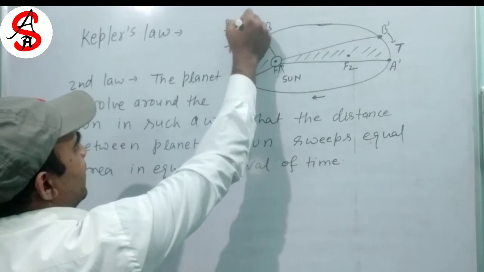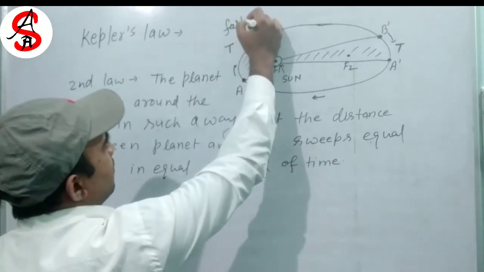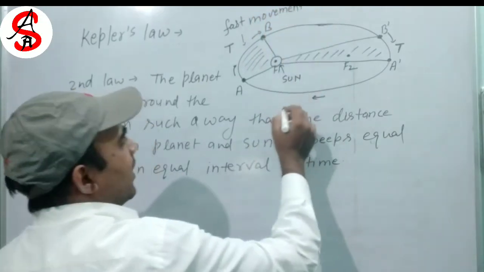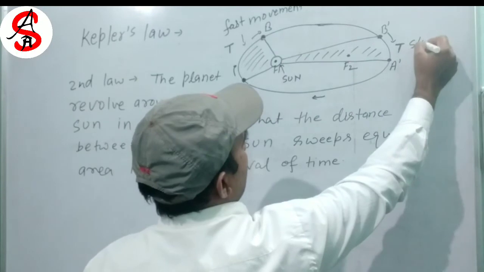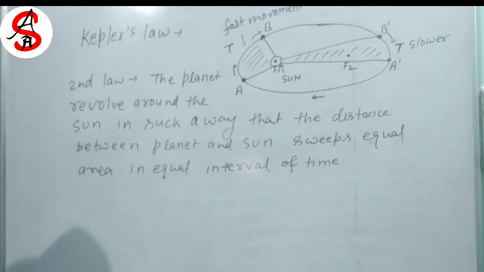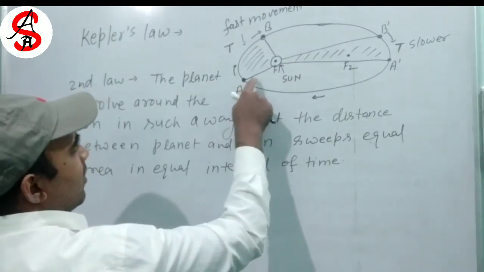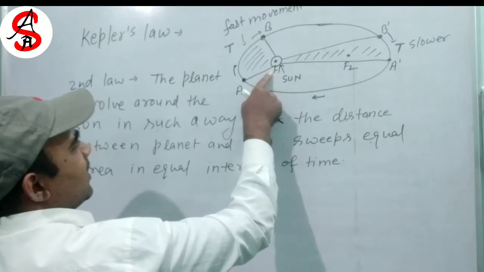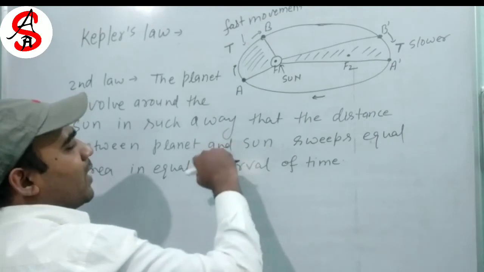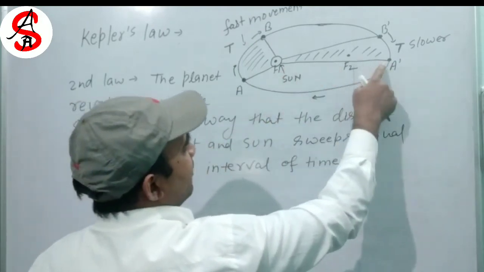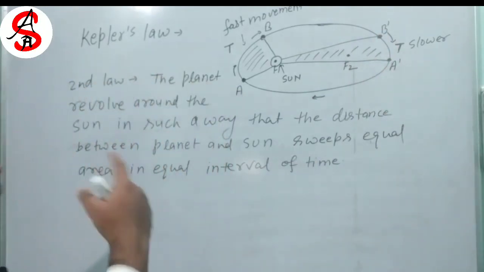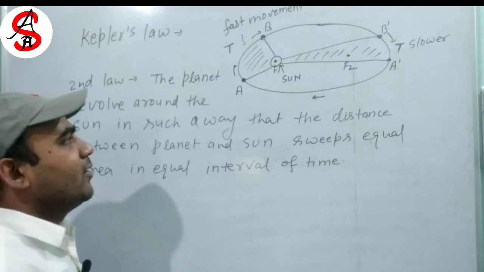Here is fast movement, and this is the slower movement. So when the planet remains nearer to the Sun, it will revolve fast, and when the planet remains farther from the Sun, it will move slowly. Okay?